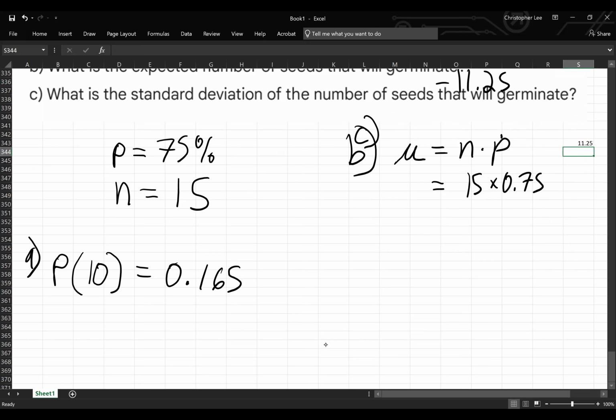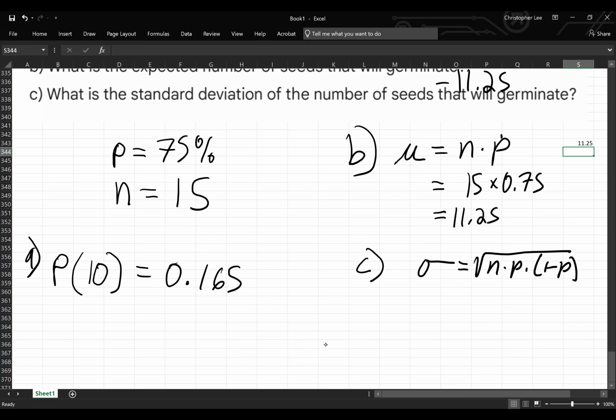It's 11.25. That's the answer for the mean. And what else did you want? Standard deviation. It's the one in chapter 6: N times P times 1 minus P. Just plug in the numbers and that's it.